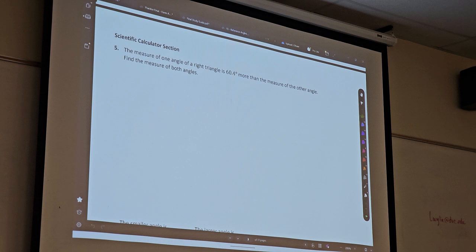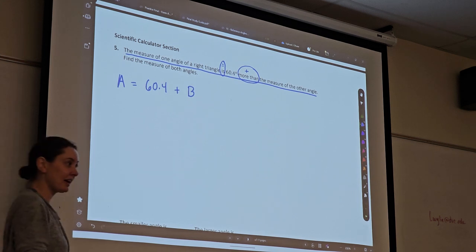If I take that sentence, I say one angle is 60.4 more than the other. Is equals, this is plus, more than. In form B, I do a less than, okay?